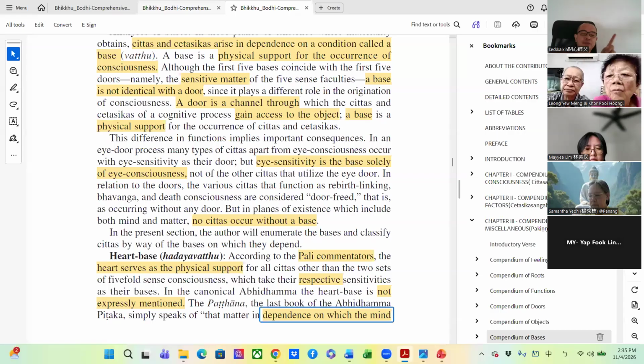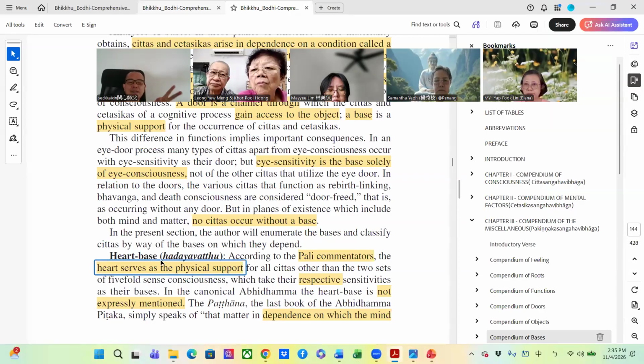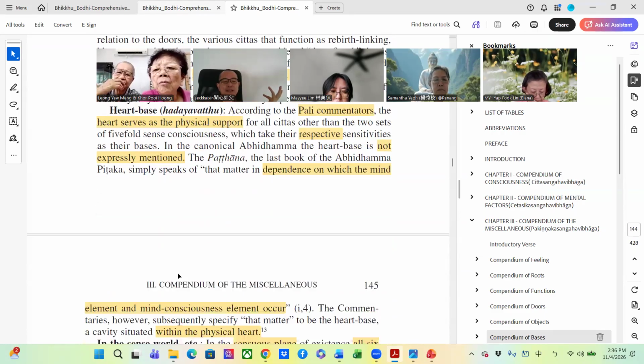So this is the only difference, class, for the base. Only hadaya, heart base, is different, but the rest of the bases are exactly the same as the doors. The rest will be 100% same.